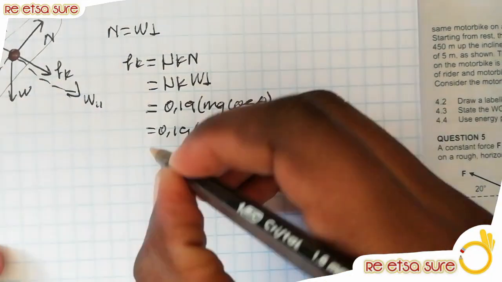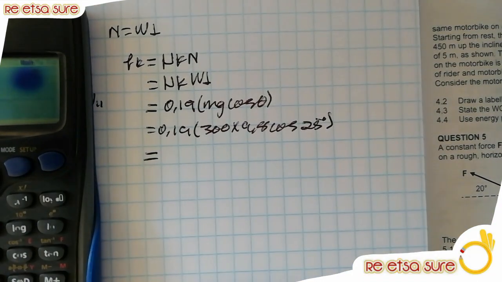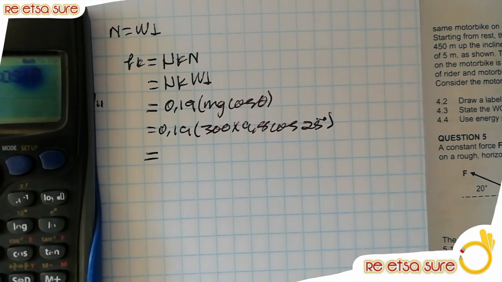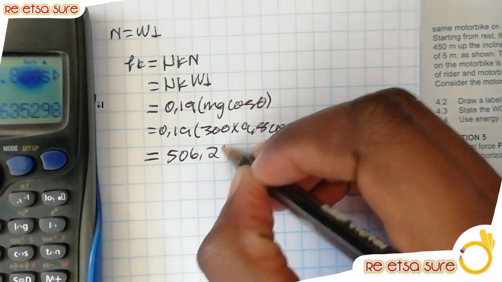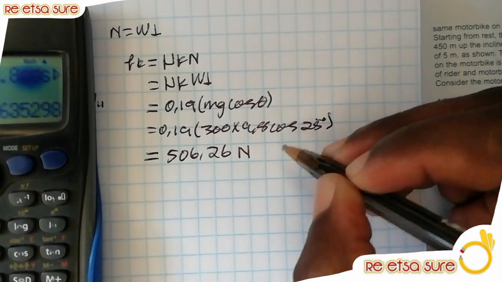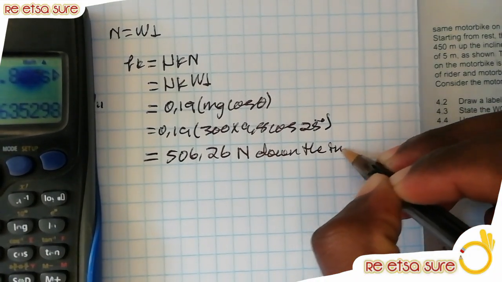That gives 506.26 newtons down the incline.